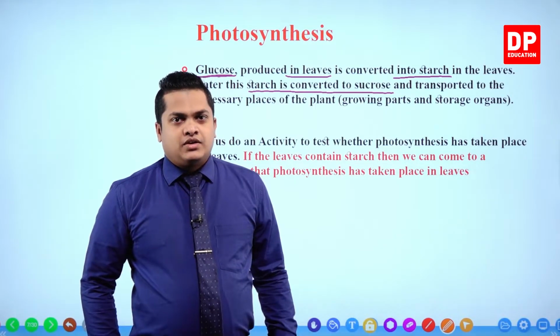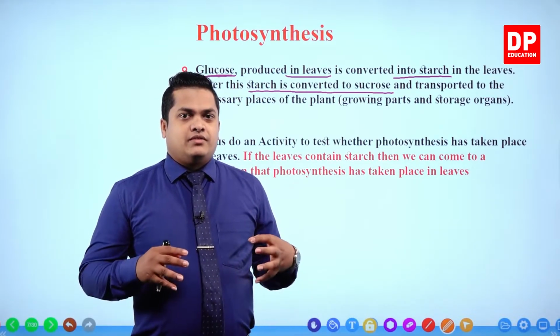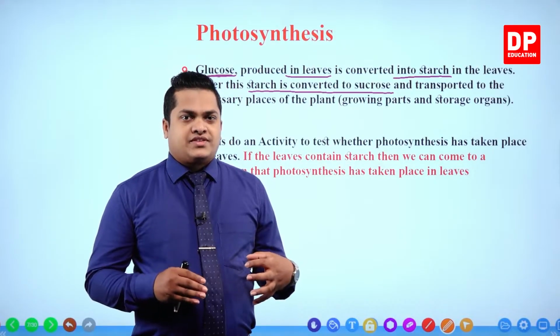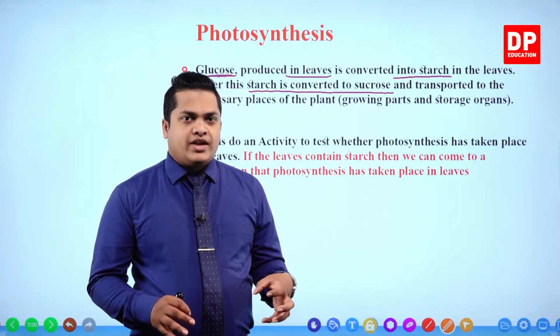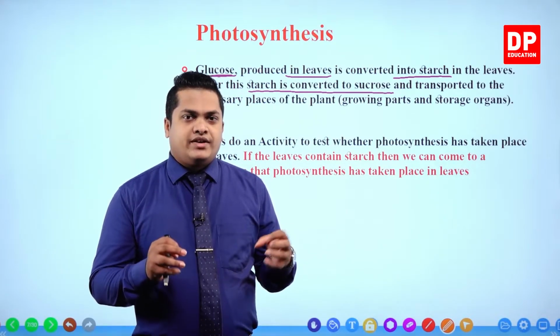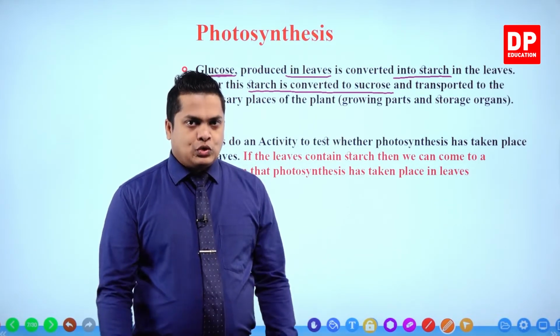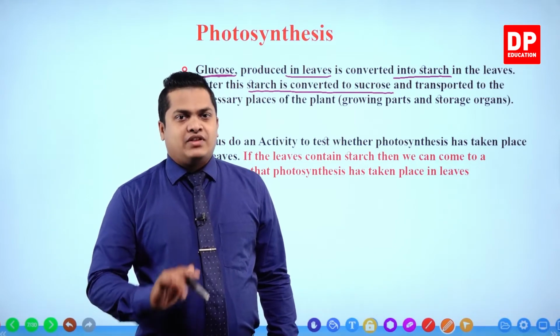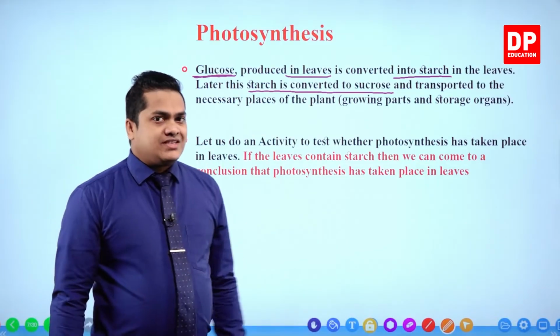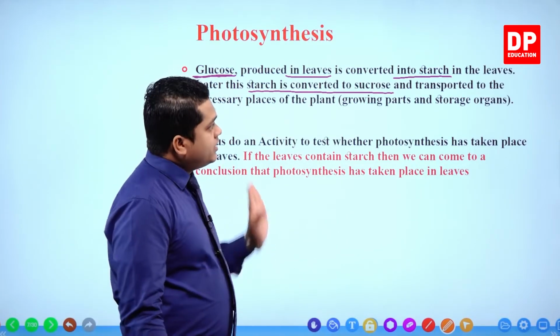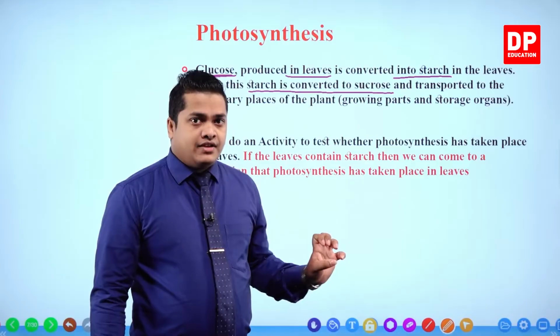So my dear children, all of the foodstuffs that we consume mainly contain carbohydrates. Each and every carbohydrate is made up of glucose. Even the sugars are made up of glucose. So the glucose which is produced is converted into starch within the leaf.